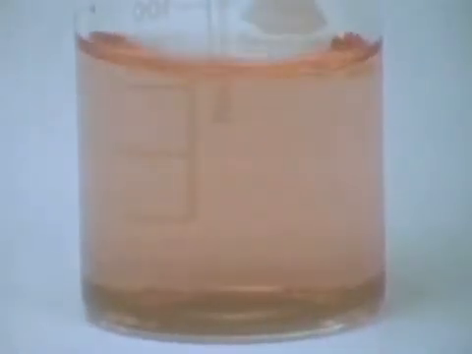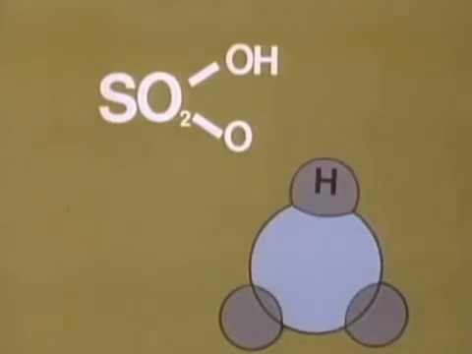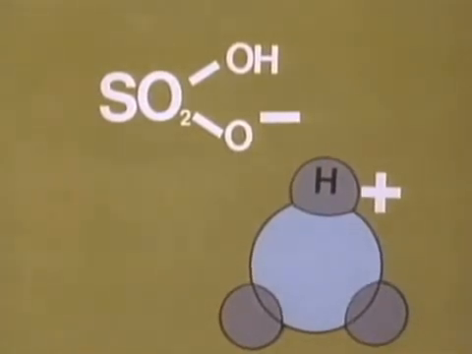A different bond is broken, and instead of giving off hydroxide ions, the molecule forms hydronium ions. The substance is an acid, better known by the familiar formula H2SO4, sulfuric acid. This arrangement of symbols emphasizes its acidic nature.